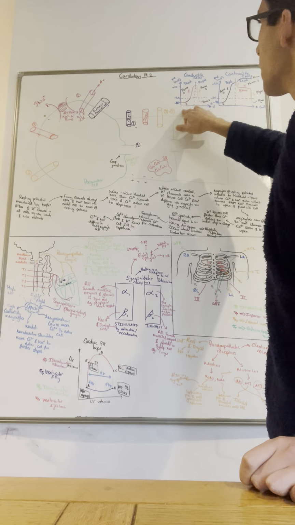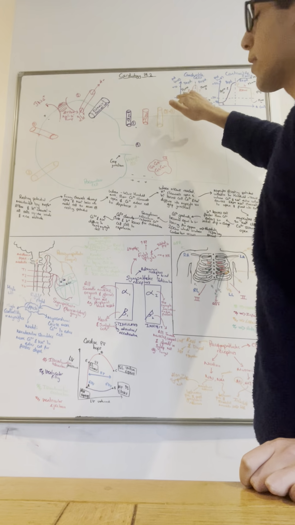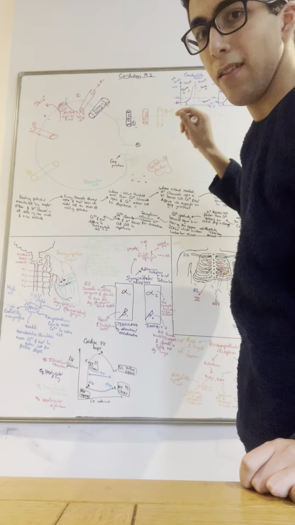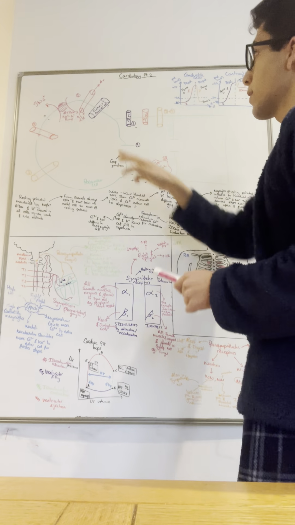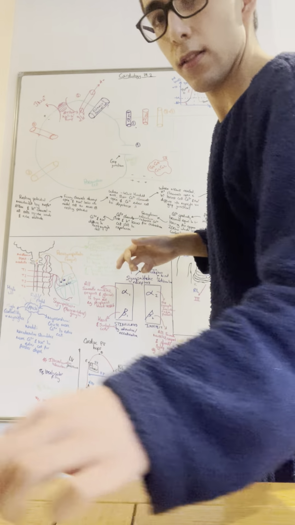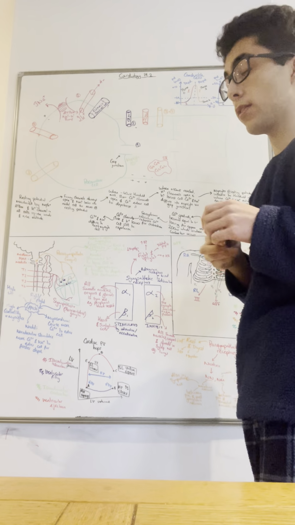But we need to bear in mind here that although our resting potential is -60 millivolts, it doesn't stay at that. And that's because of these things here. We've got funny channels. So this is what makes a pacemaker cell special in a sense.